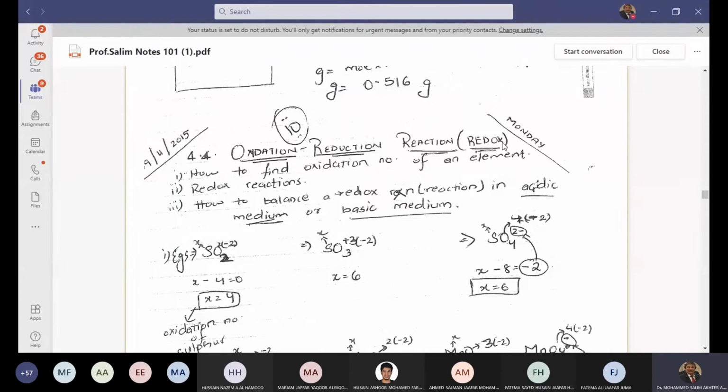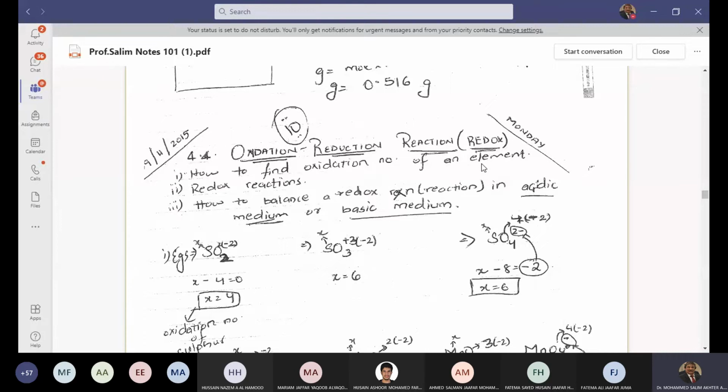In this section, the first thing we will learn is how to find oxidation number of an element in a given compound.